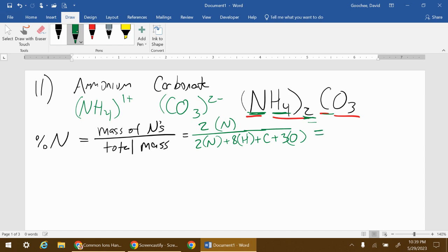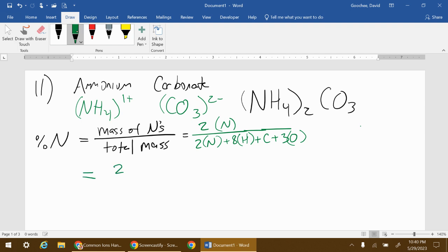All right. So clear some space here a little bit. There we go. So nitrogen is 14.01 grams per mole. I found that on the periodic table. So 2 times 14.01, that goes on top. And on the bottom, I'm going to move this to a new line. There's just not enough room here, all right? And that's okay, guys. You're going to have all the time and space you need to get this done.